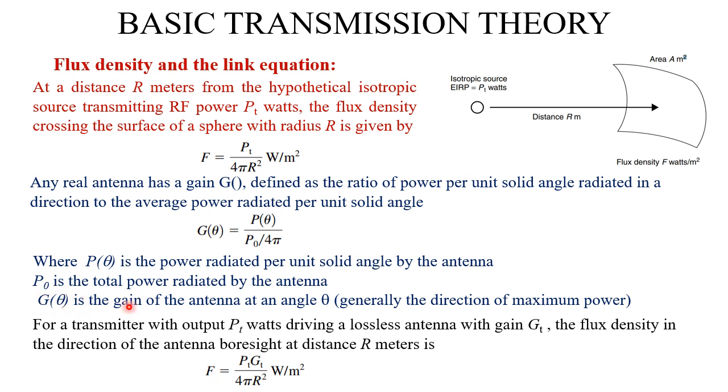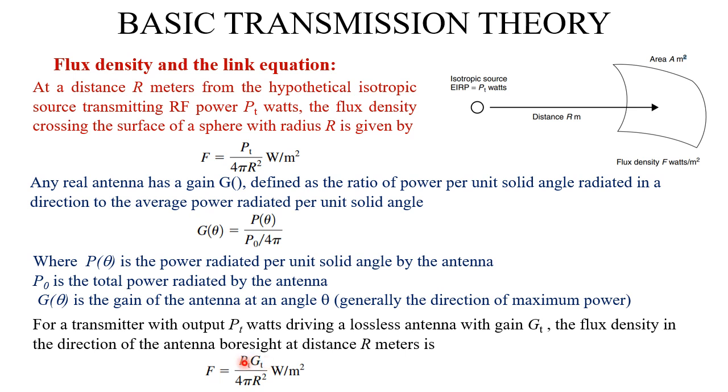So G theta is the gain of the antenna at an angle theta. So this theta is measured in the direction of maximum power generally. For a transmitter with output PT watt driving a lossless antenna with gain GT, the flux density in the direction of antenna boresight at a distance r meter can be written in this way: the flux density PT by 4 pi r square multiplied by the gain of the antenna.